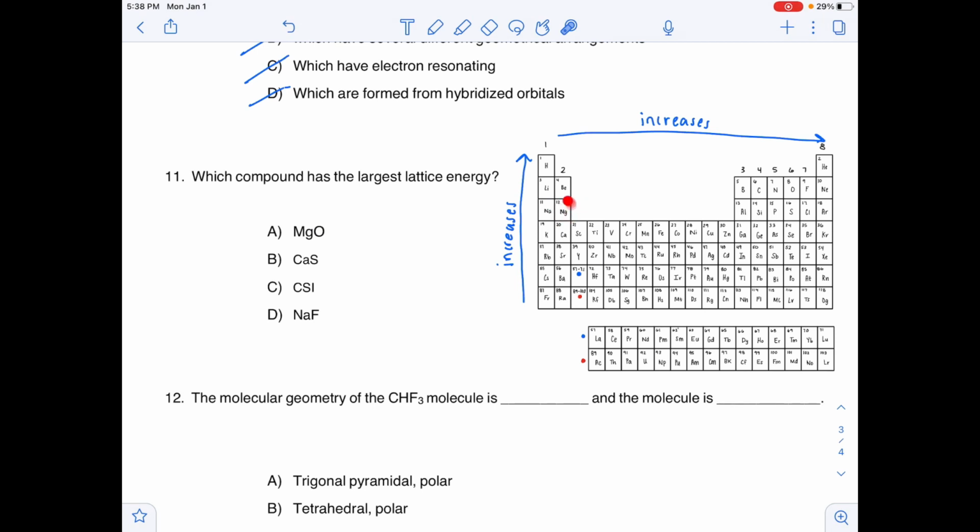We look at A, Mg's above calcium, and then oxygen is above sulfur. So we can get rid of B. And then when we look at CsI, that's not going to have the largest lattice energy. And NaF, Na is right here, and fluorine is right there. Well, we can see that it's not going to be as great as the MgO, so we can get rid of that, and our correct answer would be A.